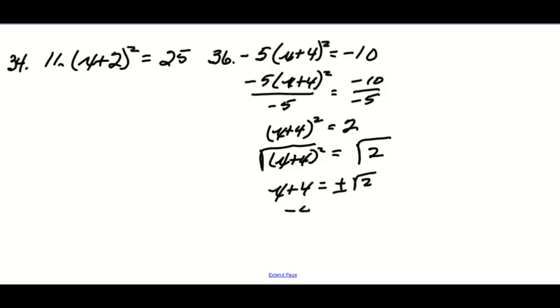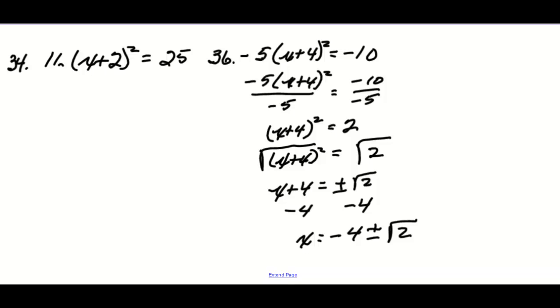Then we subtract 4 from both sides, and our answer is written this way: negative 4 plus or minus the square root of 2. So there you have problem number 36, where we had to divide first by negative 5 in order to come up with the kind of equation that we can work with using the square root method.